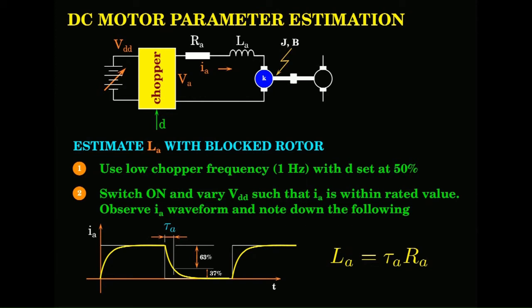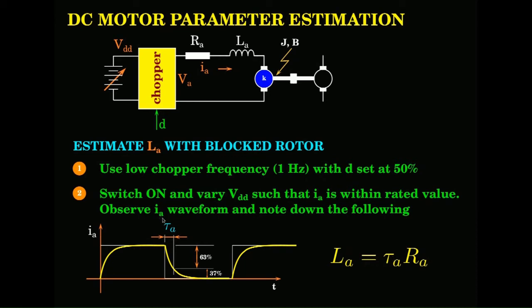What you needed in the case of RA was IA and VDD to be measured. So we have sensors to measure VDD and IA, taken into the processor. You can do the calculation and find out the value of RA. Here RA is already computed. Tau A is what you need.